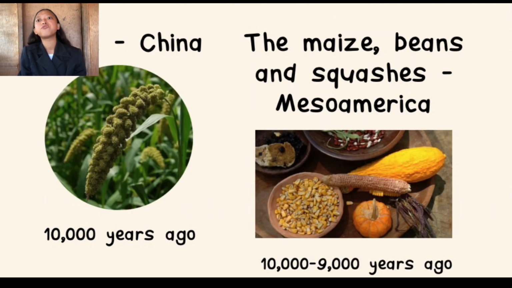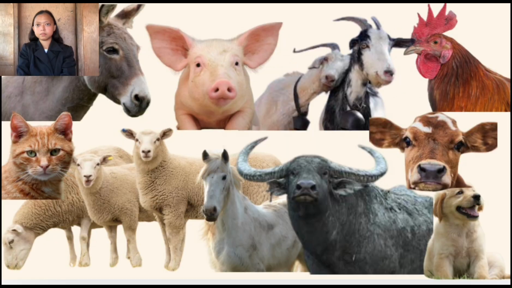Domestication of millet in China occurred around 10,000 years ago. Domestication of sheep, goats, pigs, and cattle took place in the Near East and neighboring areas around 10,500 to 9,000 years ago, shortly after which cat domestication occurred.